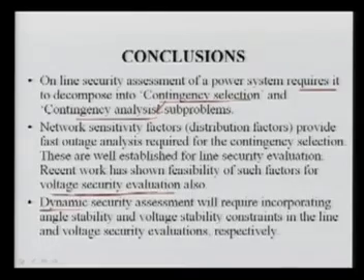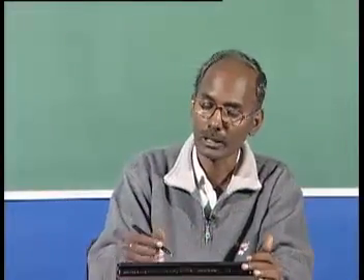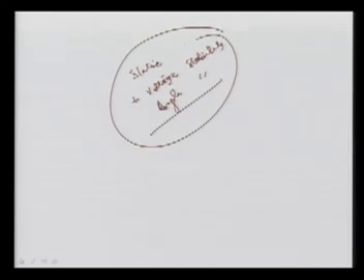What are we doing here in dynamic security? It is the same static security analysis, plus we are adding voltage and angle stability problems. That means we are using some dynamics of the system, and if you go for this, then it is called dynamic security.